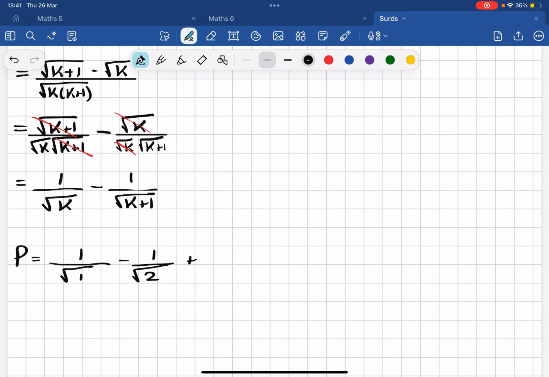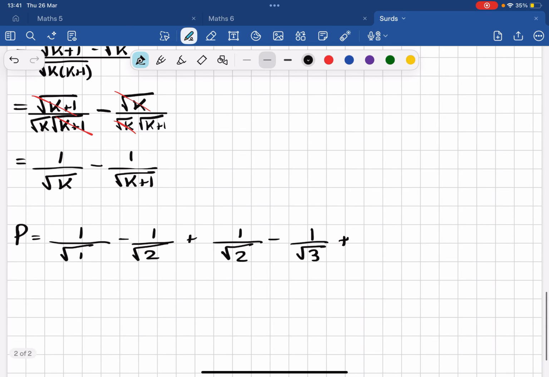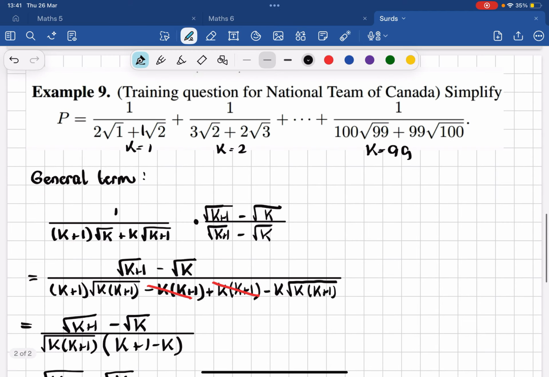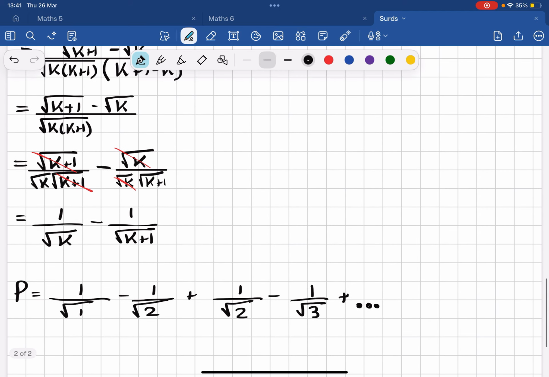Let's write our second term, plus 1 over root 2 minus 1 over root 2 plus 1 is 3. Then we had a lot of this. And the last term, 1 over root 99 minus 1 over root 100.